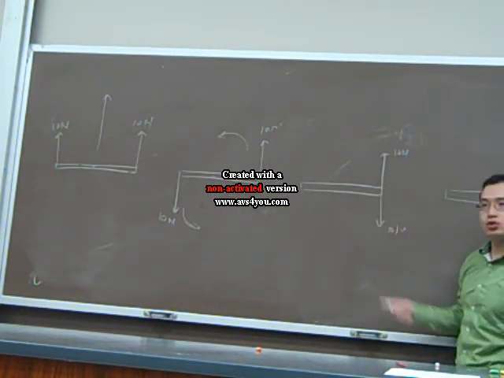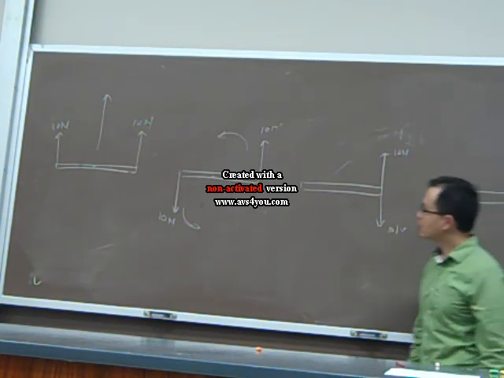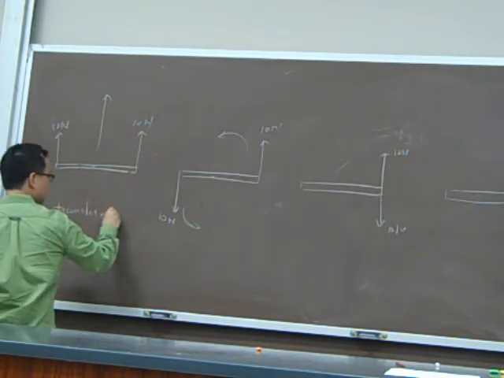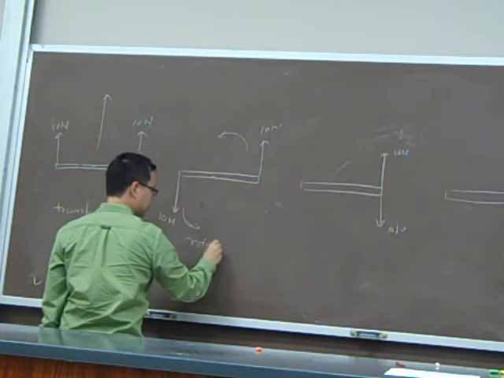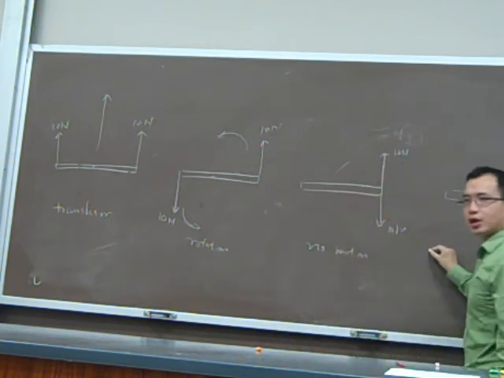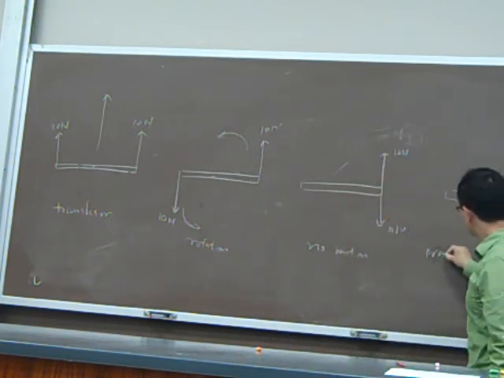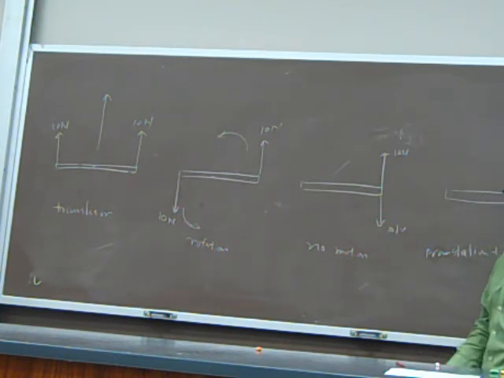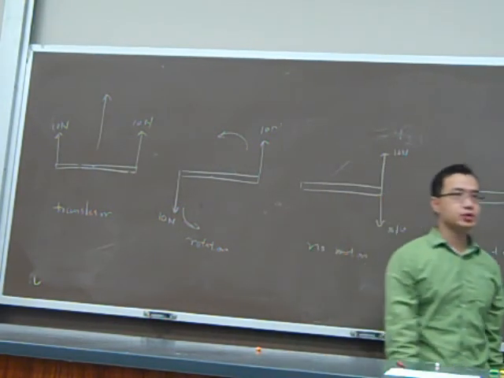This one has balanced torque, so no motion at all. This is translation. This is rotation. This is no motion. This is translation plus rotation. So even with only two forces of the same magnitude, you can make different situations. That's the difference between force balance and torque balance.